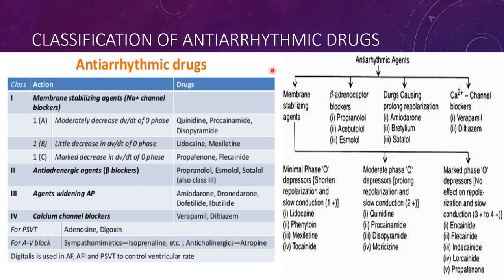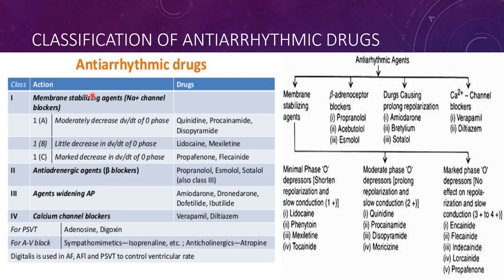Here is the main topic, the classification of the anti-arrhythmic drugs. Let's see the first part. Here see the main 4 types: membrane stabilizing agents, anti-adrenergic agents, that is beta blockers, agents widening action potentials, and the calcium channel blockers, and then the others.